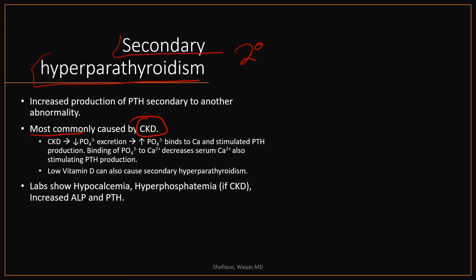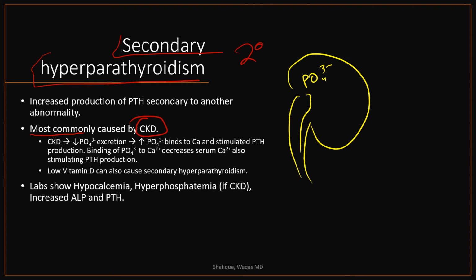What happens in chronic kidney disease is that your kidneys normally secrete phosphate. When your kidneys aren't working, you will not be able to secrete this phosphate, so you retain it in your serum, in your bloodstream. And what happens when you have increased phosphate in your blood?